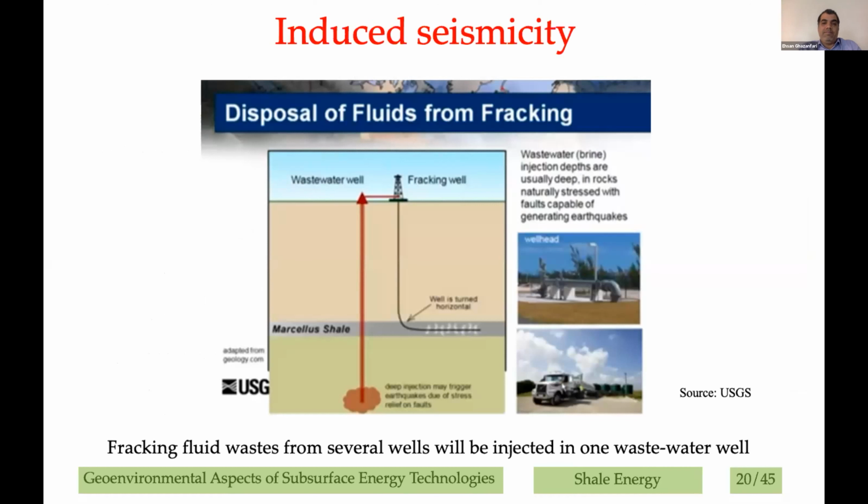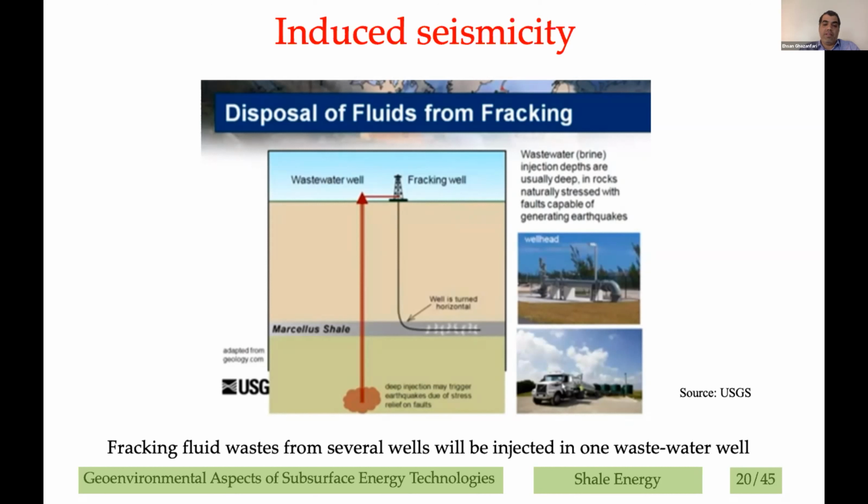Now, the other risk is induced seismicity. A lot of you are aware of induced seismicity associated with geoenergy technologies. For shale, although the risk of induced seismicity during the fracturing stage is minimal compared to others, most of that risk is when the flowback is being shipped and injected underground through disposal wells.